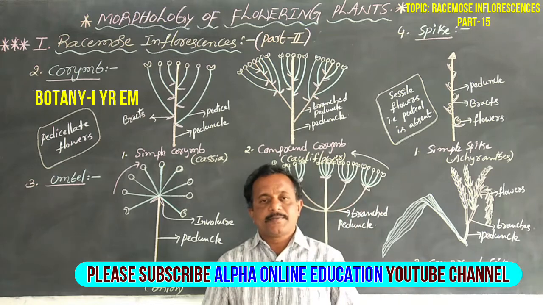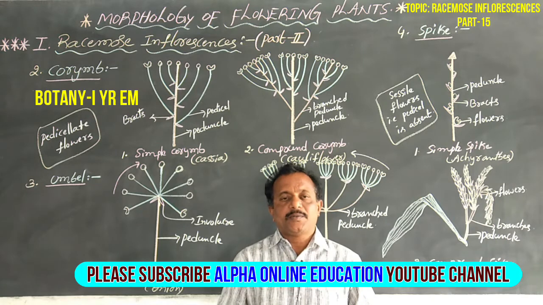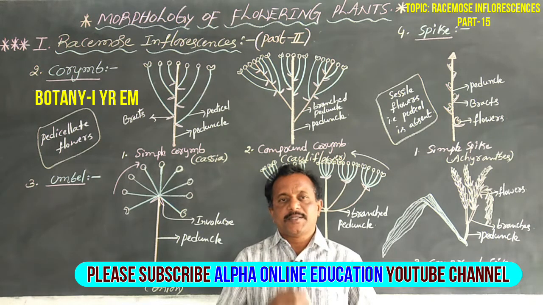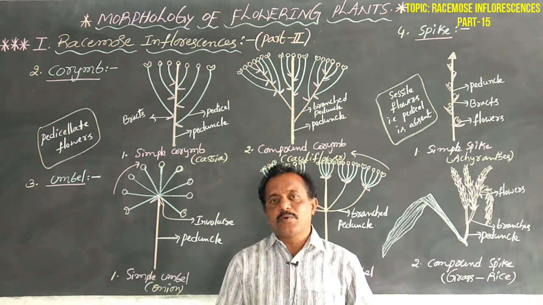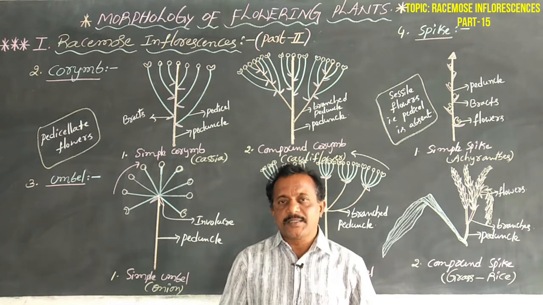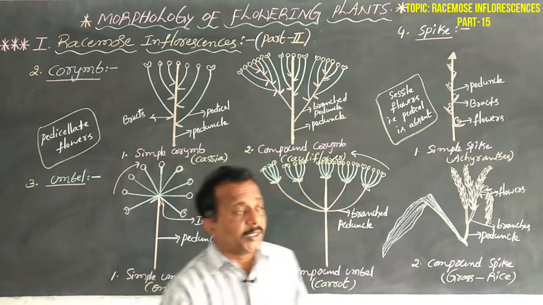Dear students, in the previous class we discussed the first type of racemose inflorescence, that is raceme inflorescence. This is of two types: one is simple raceme, the second one is compound raceme. Today we are going to discuss the second, third and fourth types of racemose inflorescence.